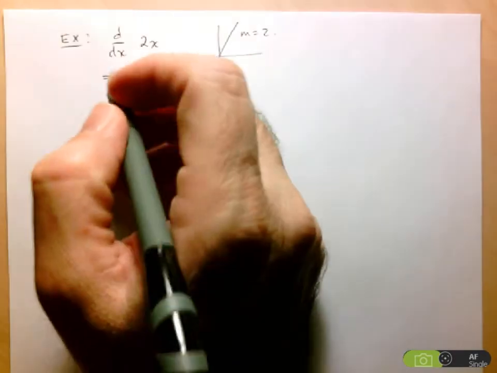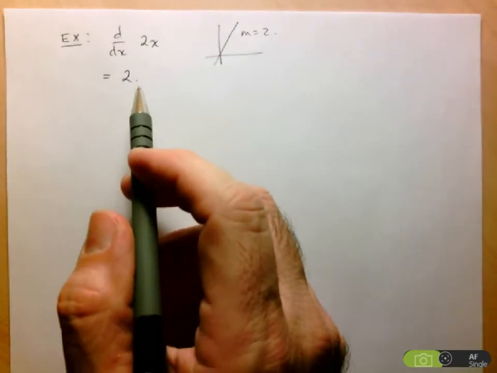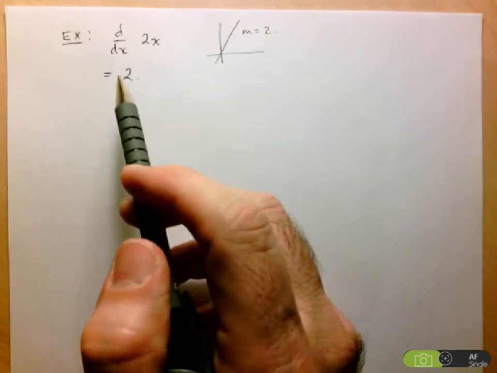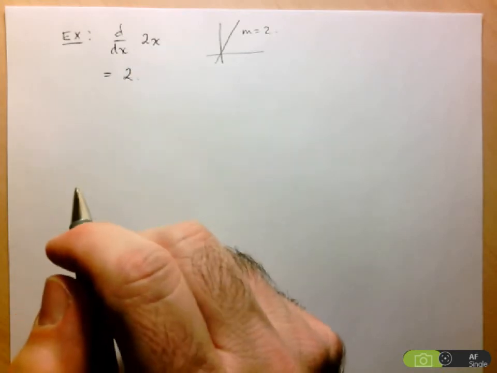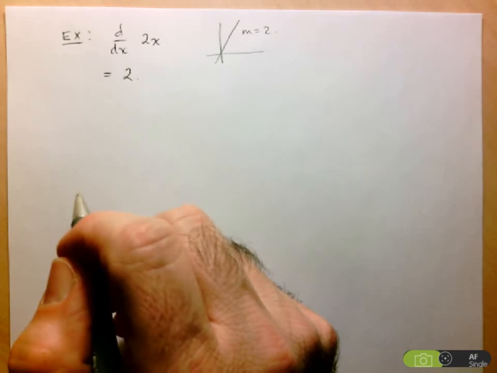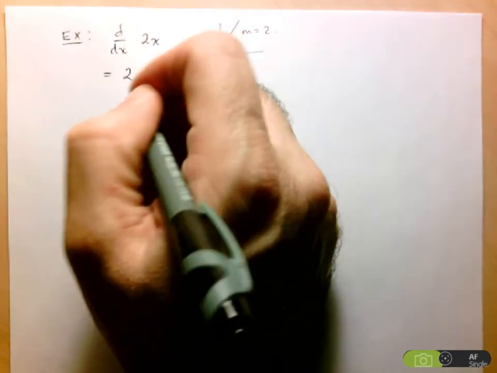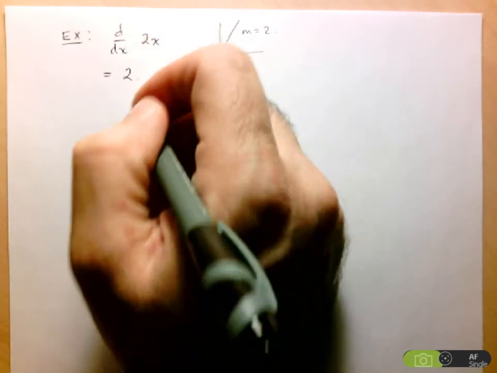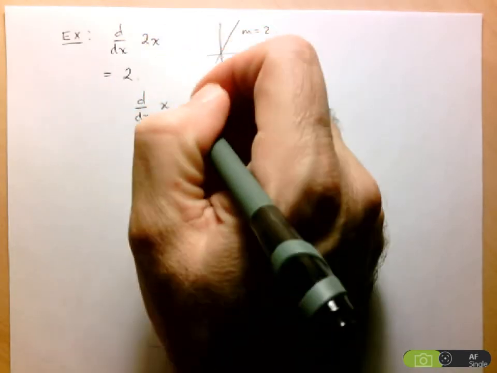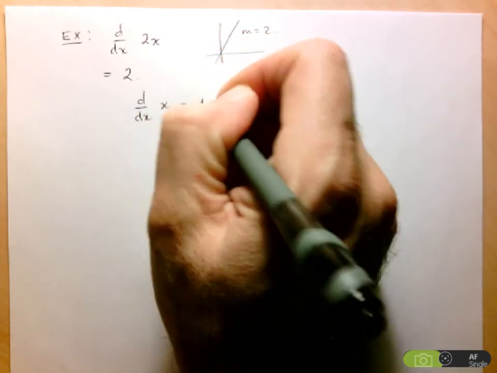Now, remember what we're trying to do here is find a way to determine derivatives by breaking them up into simpler derivatives. So when I look at this derivative of 2x, I can see it in two ways. You should have shown, at least in the last video, that the derivative of the function x is just equal to 1.